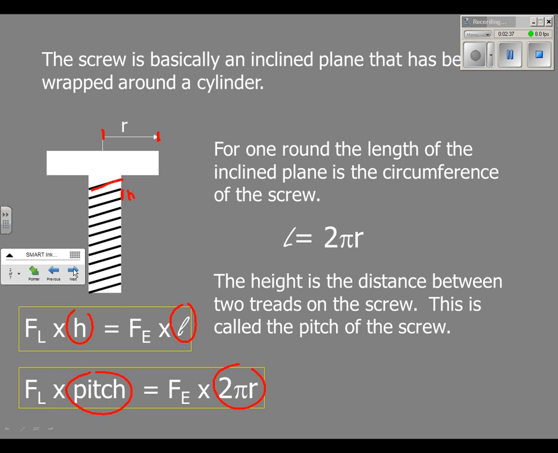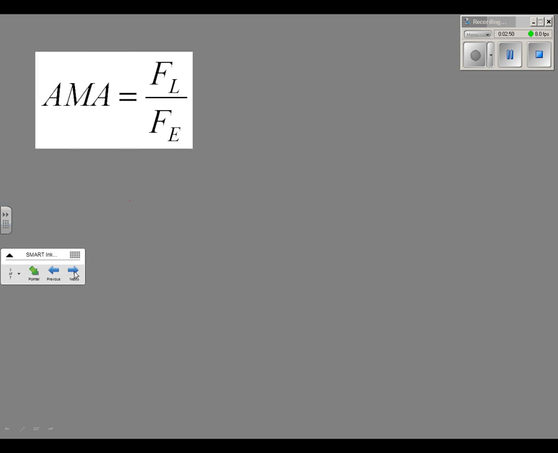We don't have to make a modification to our actual mechanical advantage. Like I said before, it's the same for every single machine in that it's load force divided by effort force. Same for all machines.